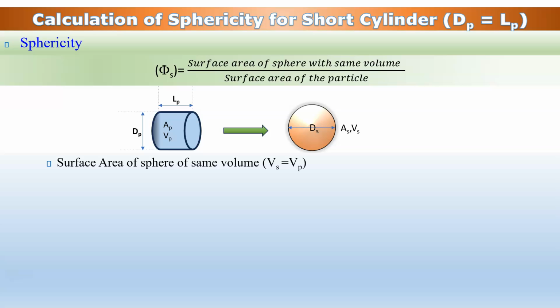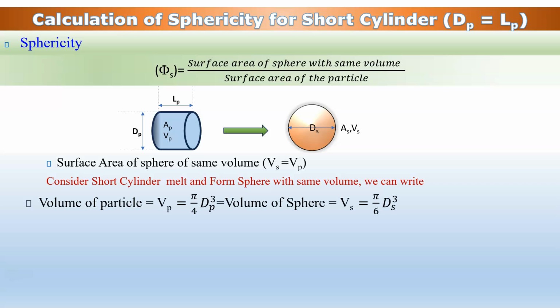We can write that the volume of the particle Vp is equal to the volume of the sphere. The volume of the particle we know is pi by 4 dp cube, and the volume of the sphere Vs is pi by 6 ds cube.